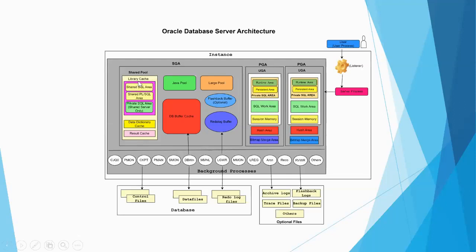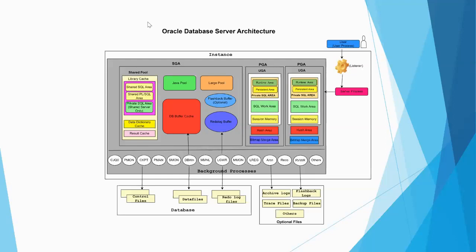Say your database was created 4 years ago, it is not going to be possible to store the SQL IDs that have been fired in the last 4 years. You will be allocating a specific amount of memory to the shared pool, maybe a few GBs, like 10 GB, 12 GB, but that is not going to be enough to store the SQL IDs of a highly transactional database, wherein thousands of queries will be fired on a daily basis.